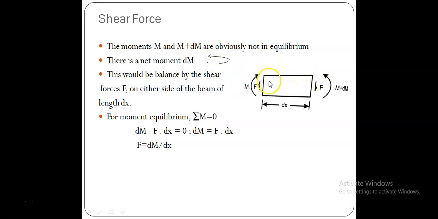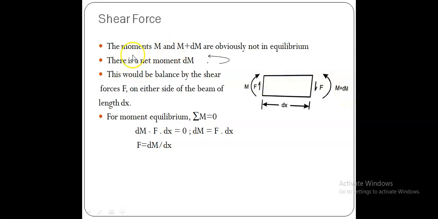Suppose we have a beam where the moment is M at this point, and at some distance dx there will be a moment M plus dM, because the moments are not constant throughout the section. There is a difference in moments from point to point, so one end has M and the other end has M plus dM.